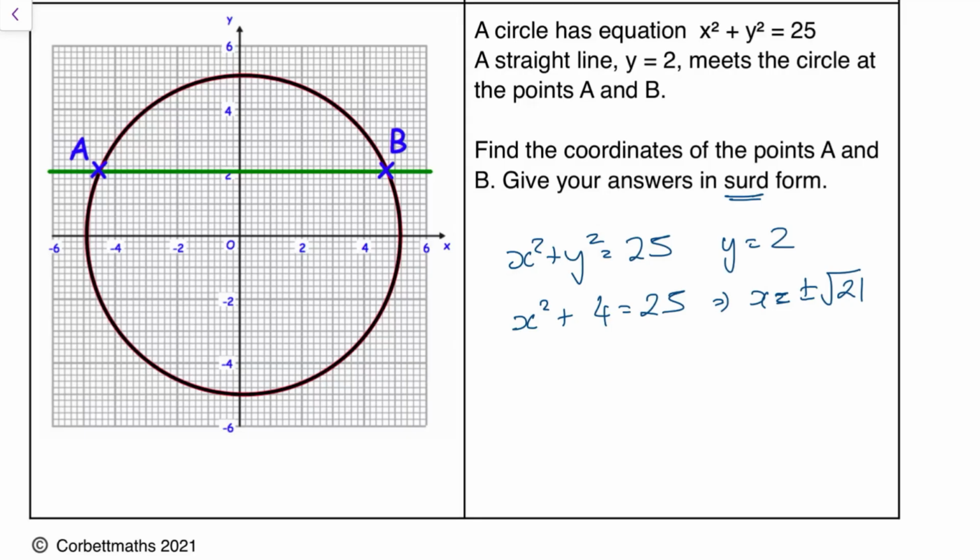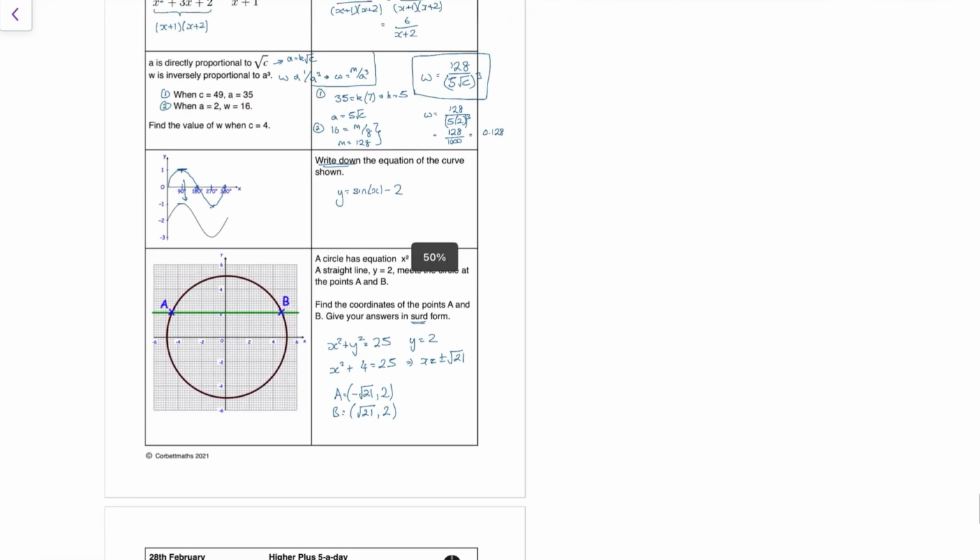And we already know that y equals 2. Actually, this is a lot more straightforward than it looked before I started it. So therefore A equals, now by inspection, really good word you can use in your exam. So by inspection, because I can see from the diagram, A equals minus the square root of 21, 2, and B equals the positive square root of 21, 2, and that is the final question of today done.